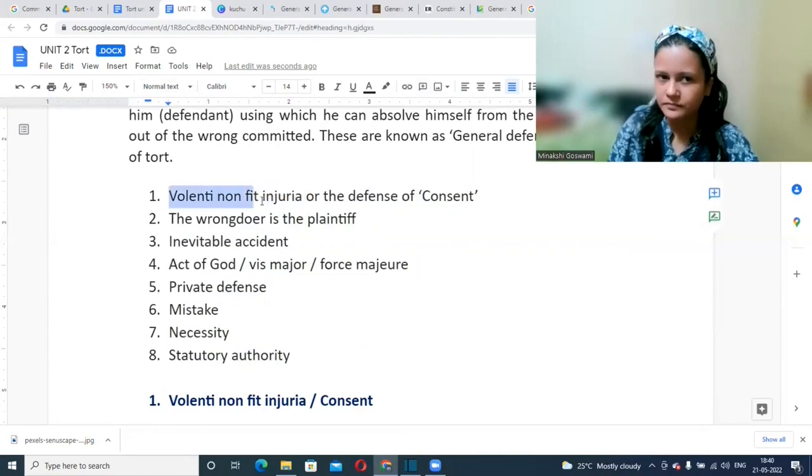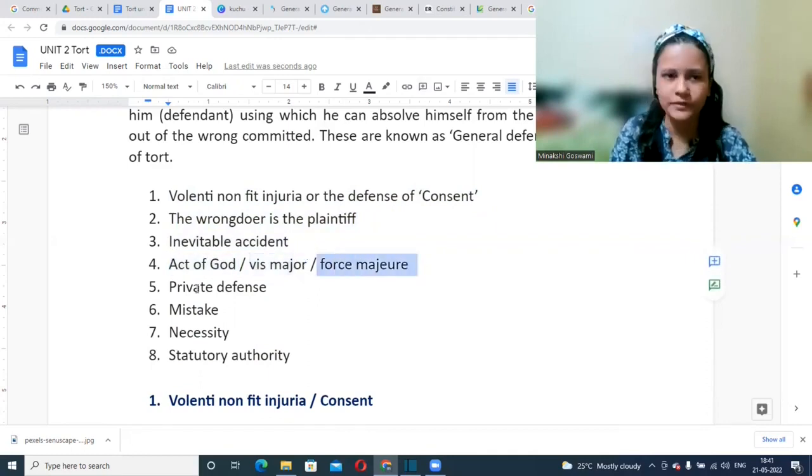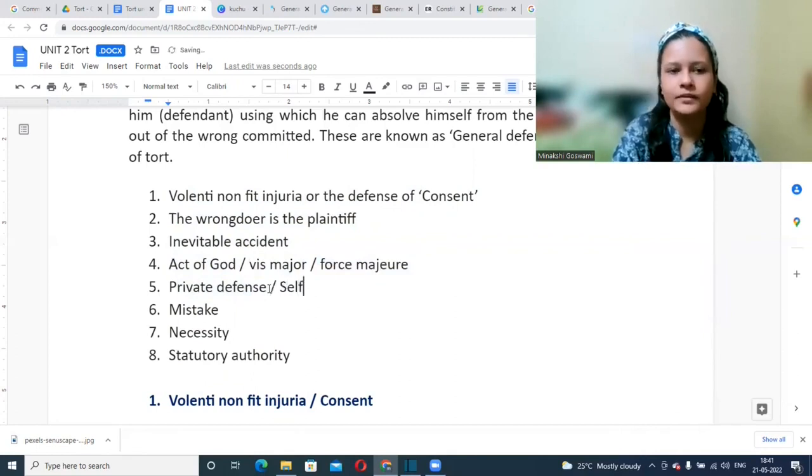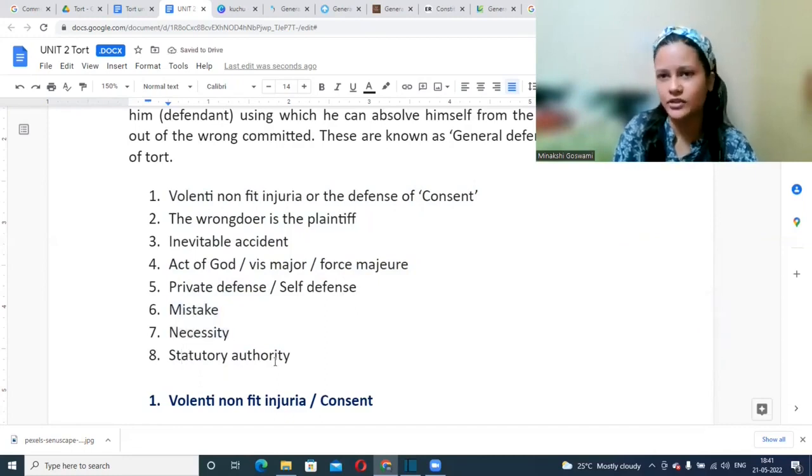First one being volenti non fit injuria, also called the defense of consent. Second, the plaintiff being the wrongdoer. Then inevitable accident, act of God, which is also called vis major or force majeure, private defense or self-defense, mistake, necessity, and statutory authority.